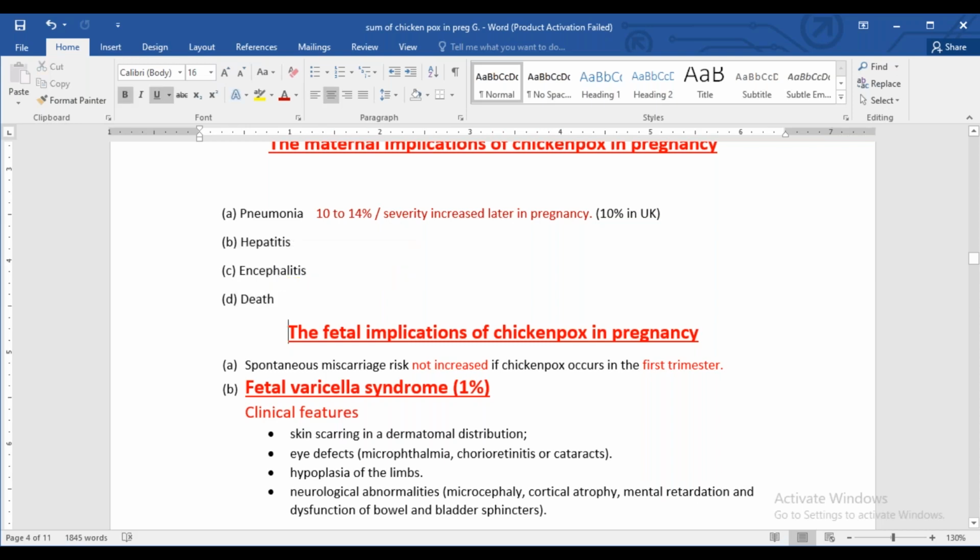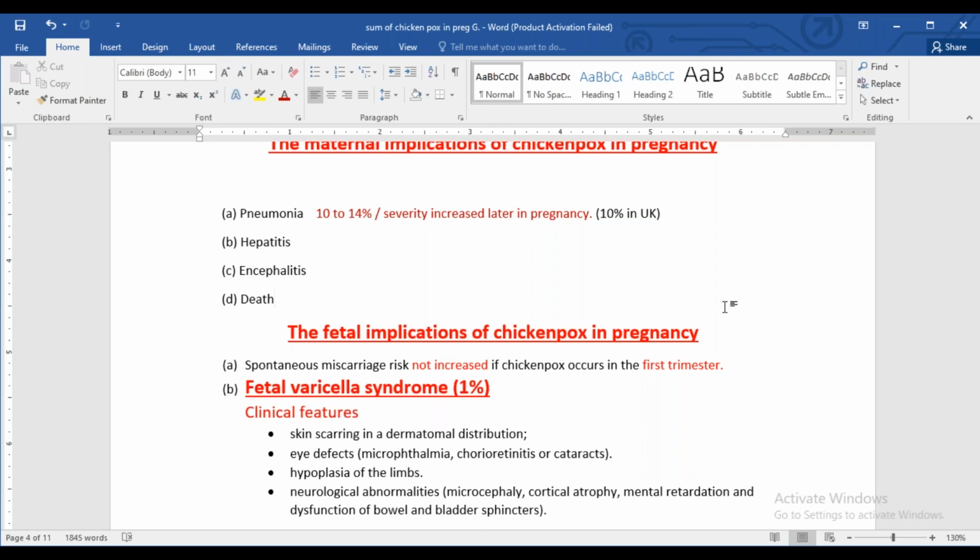They stated in the guideline in Ireland that they didn't spot any deaths from varicella zoster pneumonia or complications in their community, and that's a good thing, but it can lead to death if these severe complications happen and are not managed well. Okay, this is the maternal implication. This is what could happen to the mother, from mild disease, rash, fever, malaise, up to pneumonia, hepatitis, encephalitis, and death.